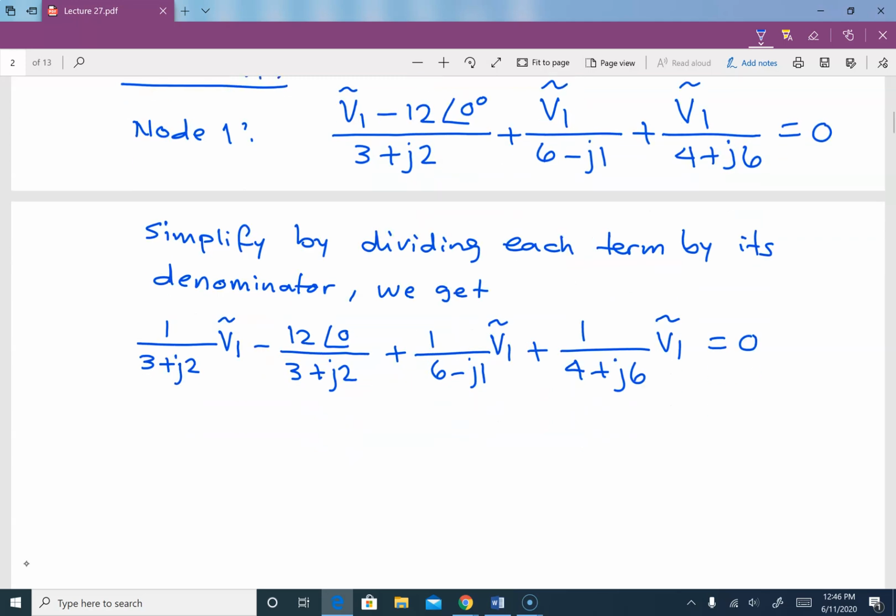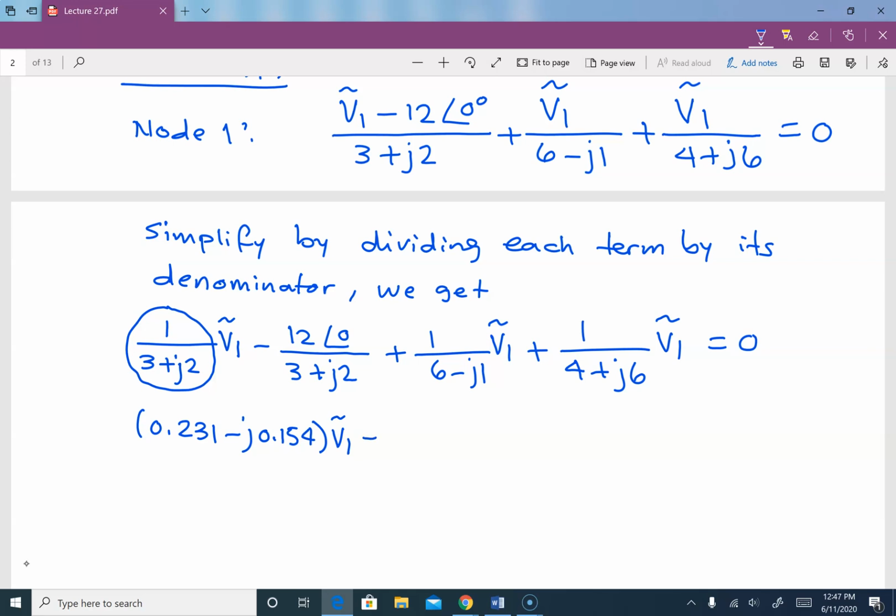So I am going to do the math. 1 divided by 3 plus J2 will be 0.231 minus J0.154, multiplied by V1.